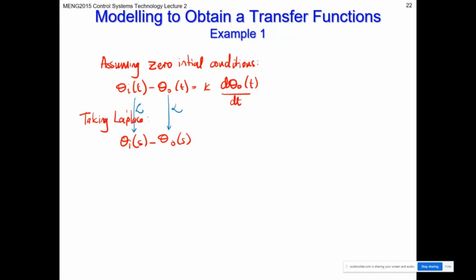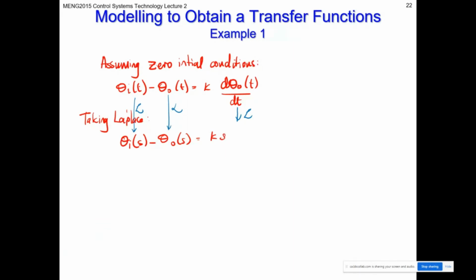So it's just a simple function. It converts to the same function in s. This one now, if we take the Laplace transform of this one, this is going to be slightly, marginally more complex because this is the first derivative.